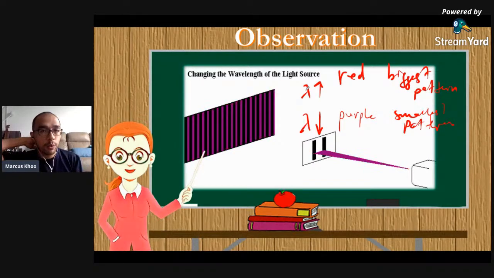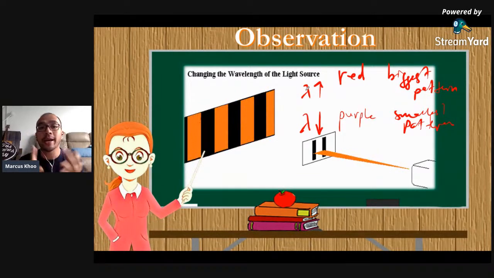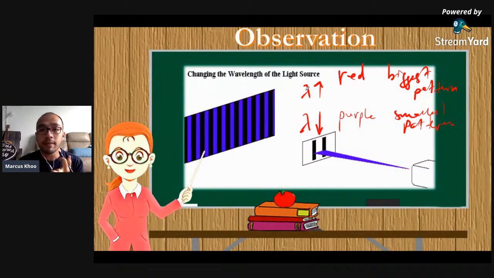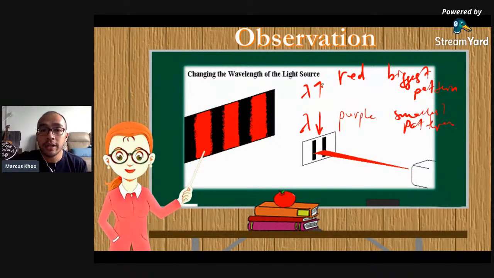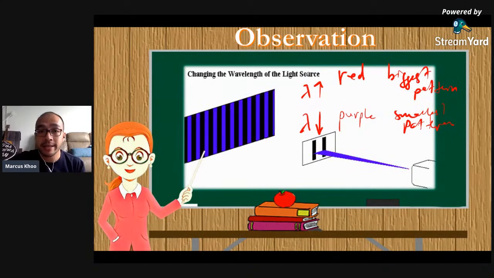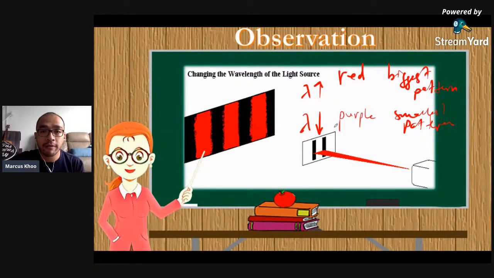A big wavelength is very helpful: easy to refract, easy to diffract, and easy to interfere. You can see a much better interference pattern. The reason is that red has a big wavelength compared to purple, which has a very small wavelength.